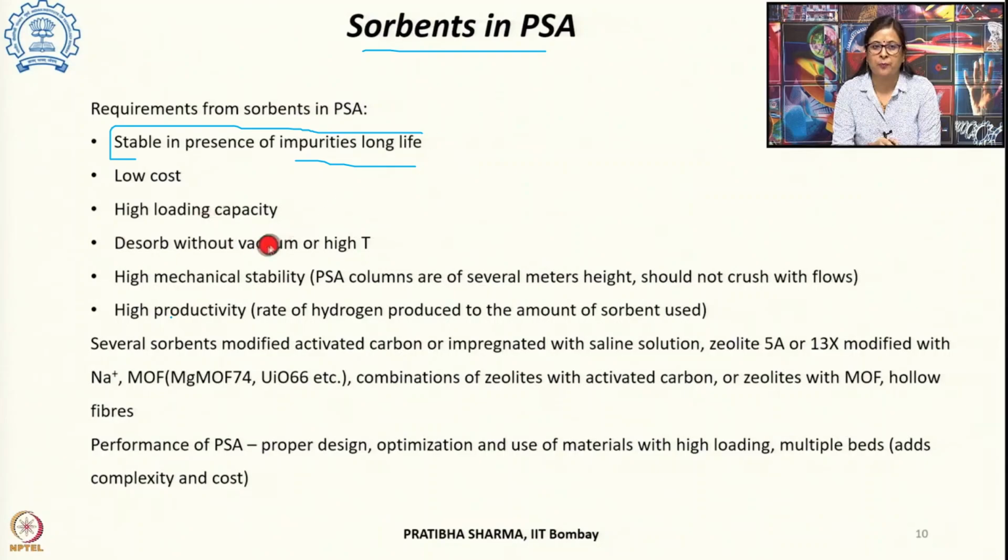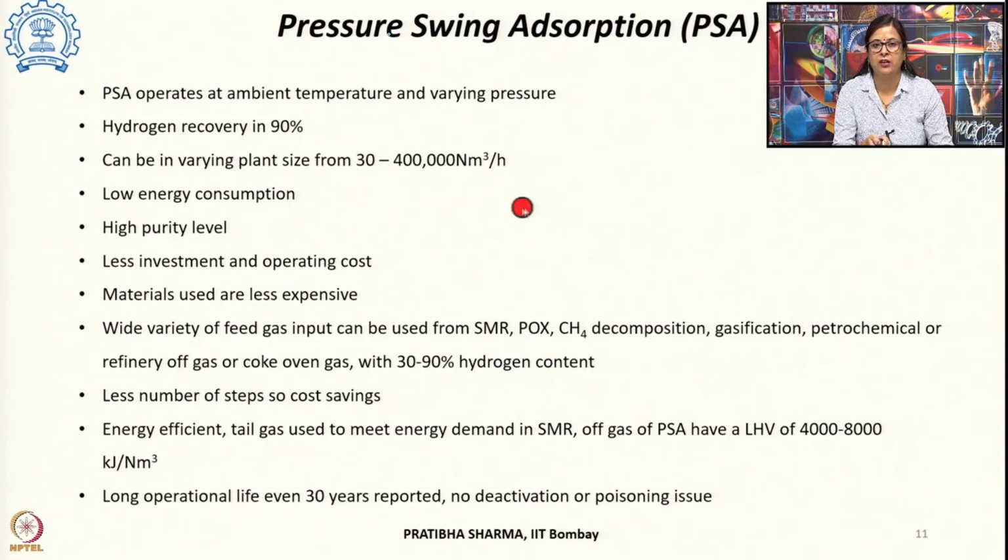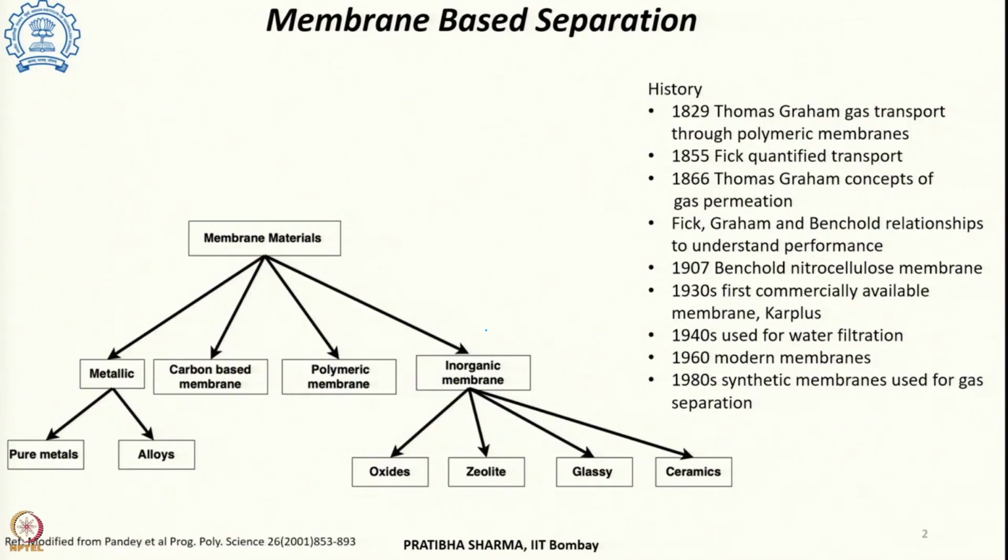These are very simple characteristics it should have. And this is all the high purity level you already know, with less investment and low operating cost. Okay, I'm not going into details.